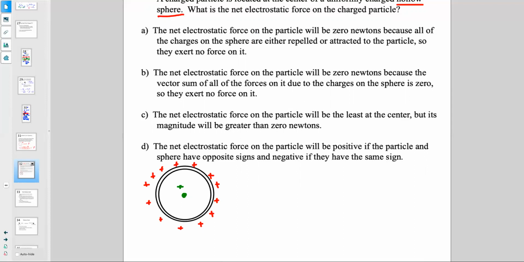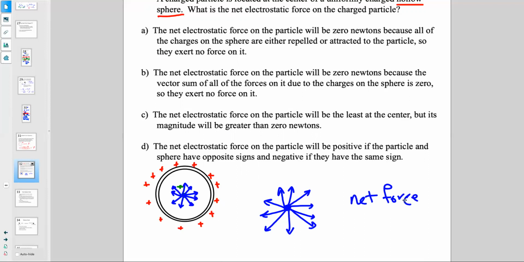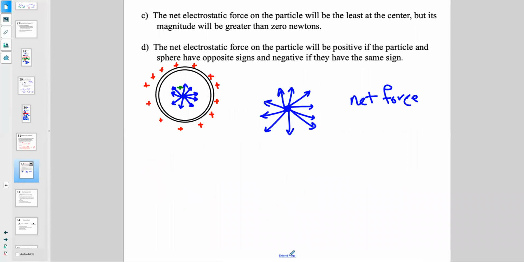Okay, what's happening is this, that this positive and this positive will repel. This positive and this positive will repel. And then if you do the same for every single particle in this sphere, okay, you are left with something like this. You are left with a point charge at the center experiencing a uniformly distributed force like that. So there is no net force acting on this because they will cancel out. Okay, they will cancel out.